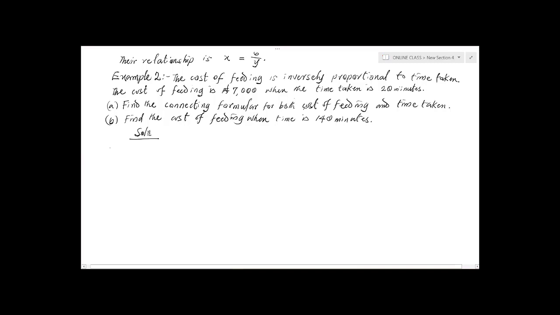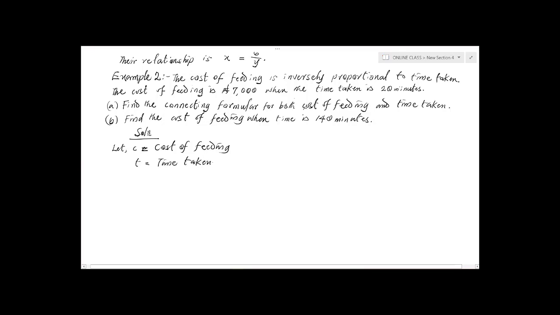Solution. In your own interest, just let C equals cost of feeding. Then we have T equals time taken.